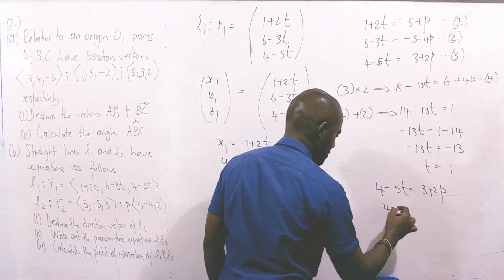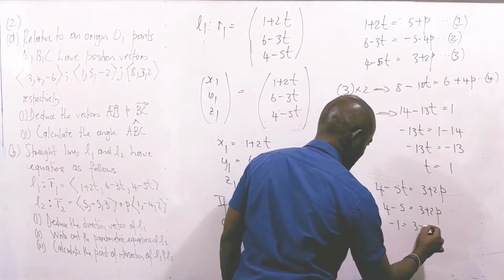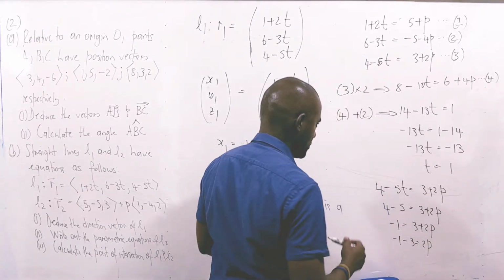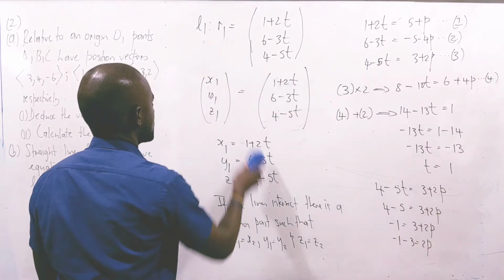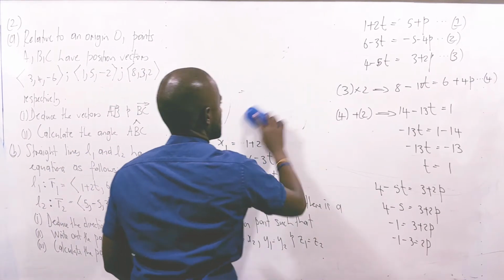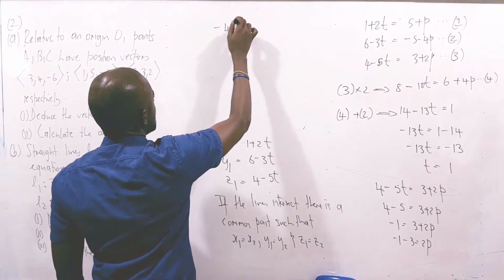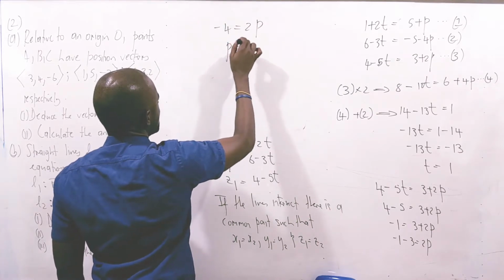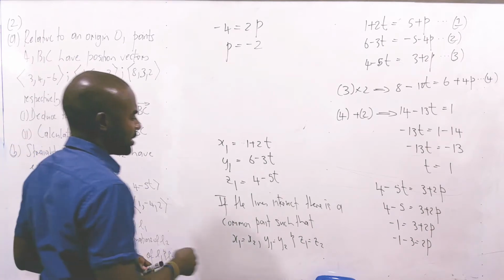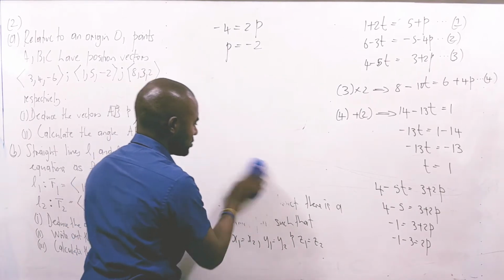And so we have 4 minus 5 is equal to 3 plus 2p, minus 1 is equal to 3 plus 2p, minus 1 minus 3 is equal to 2p, and so we have minus 4 is equal to 2p, which therefore means that p is equal to minus 2. So p is equal to minus 2 and t is equal to 1. So those values of p and t satisfy equation 2 and 3.